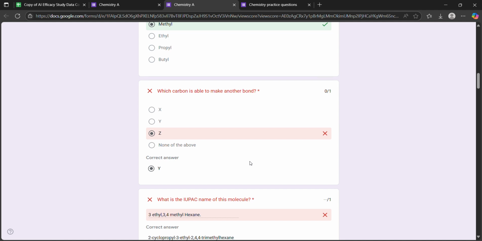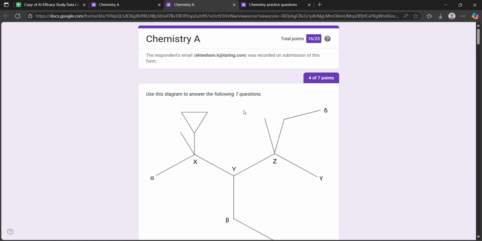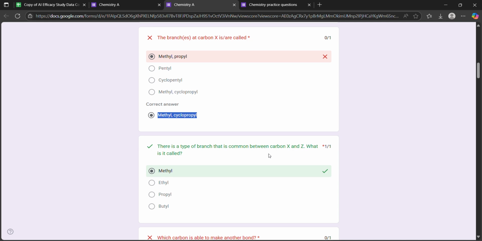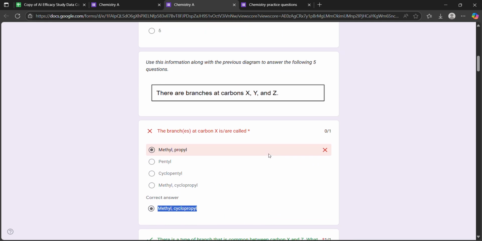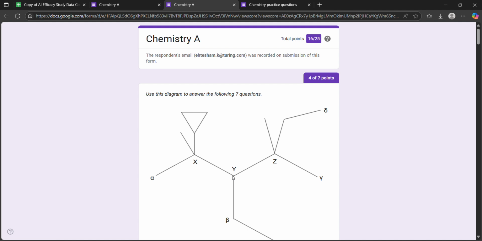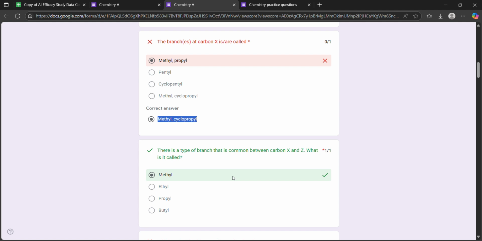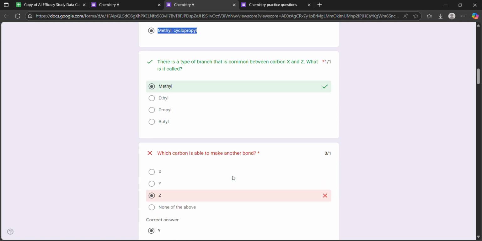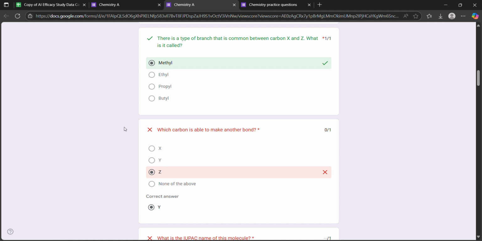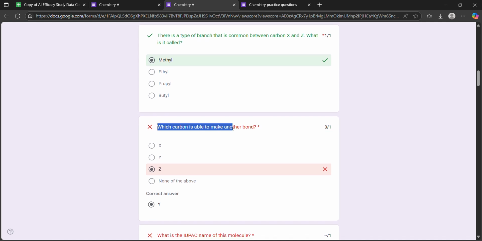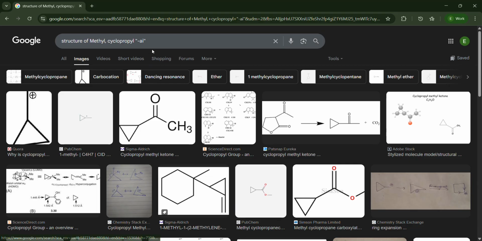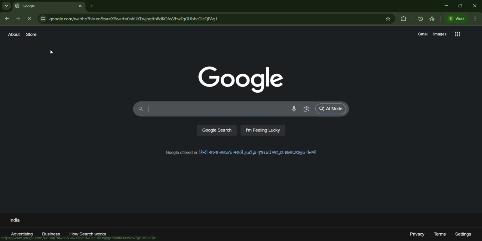The second question that we got wrong was: which carbon is able to make another bond? I chose Z. The correct answer is Y. So we will search it up.